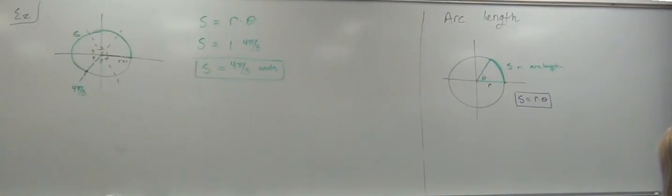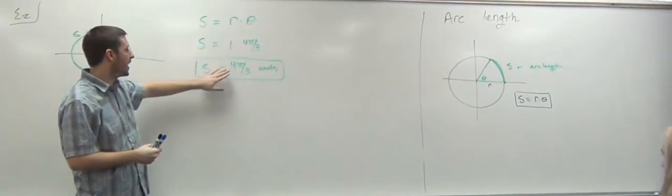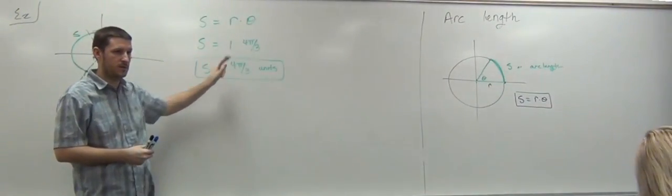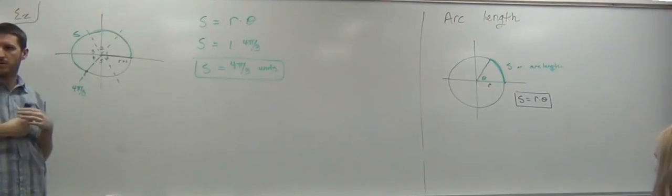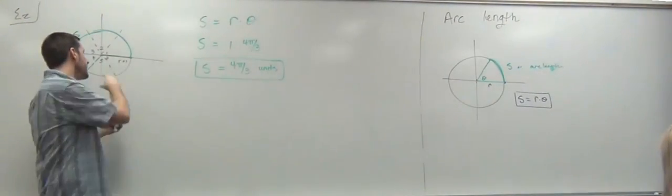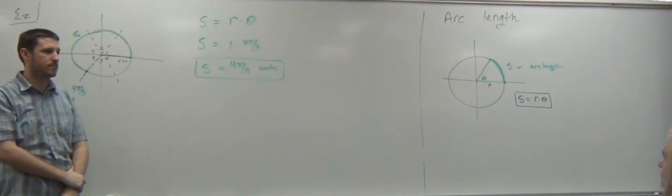When the circle is radius 1, the arc length and the angle are the same thing, in radians, not in degrees. In degrees, this doesn't work. But in radians, if your radius is 1, the arc length and the angle are the same thing.